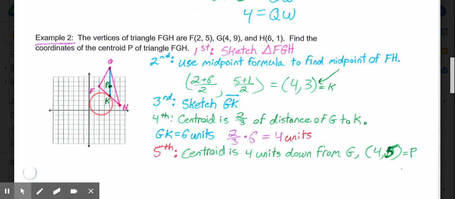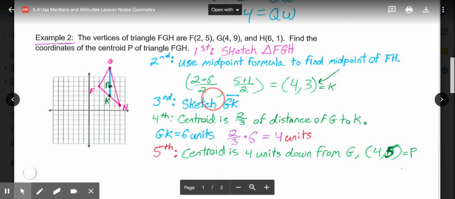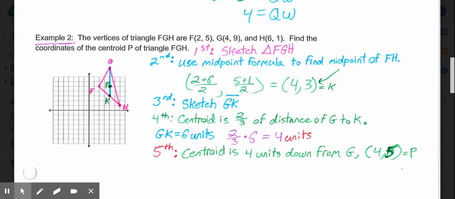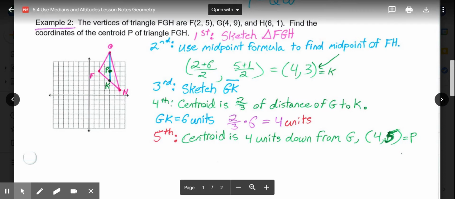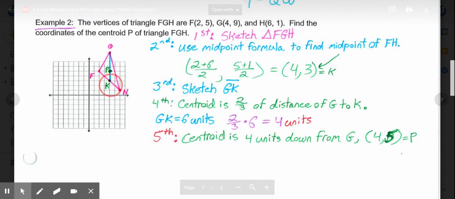So I just labeled that K. So the midpoint we had to figure out so we could draw in a median from G to K. So you sketch that median GK. Then what do we know? Well, we know the centroid is 2/3 of that distance of G to K. So starting at G going to K, the centroid P is 2/3 of the way to K.